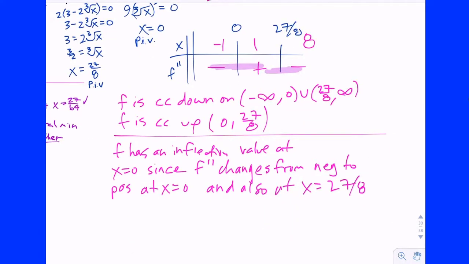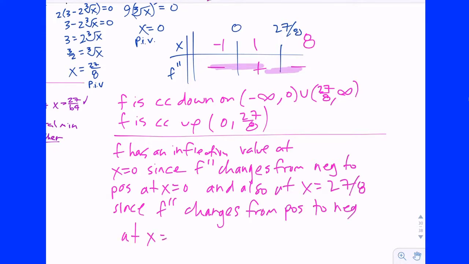You can even start a separate sentence: since f double prime changes from positive to negative at x equals 27/8.